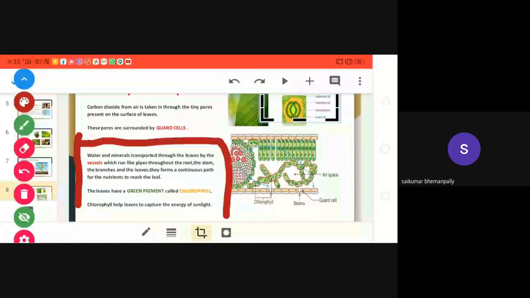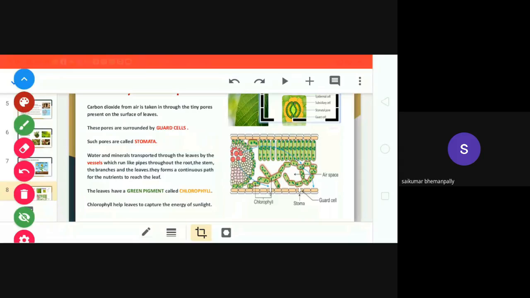The leaves have a green pigment called chlorophyll. If you observe the picture on the right side, there are green dots present on the leaf, right? Those green pigments are called chlorophyll.